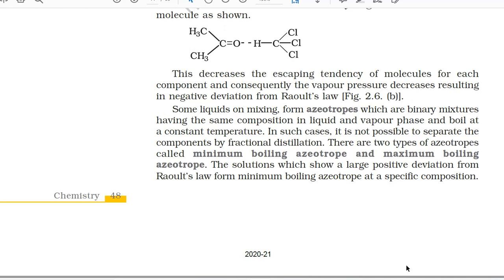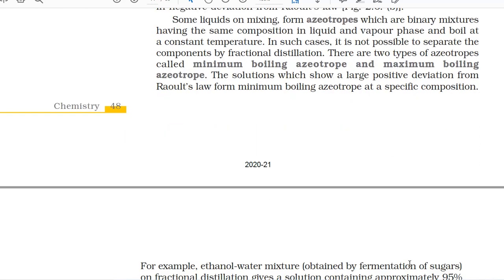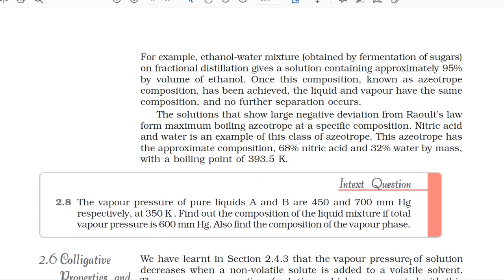The solutions which show a large positive deviation from Raoult's law form minimum boiling azeotrope at a specific composition. For example, ethanol-water mixture obtained by fermentation of sugars on fractional distillation gives a solution containing approximately 95% by volume of ethanol.